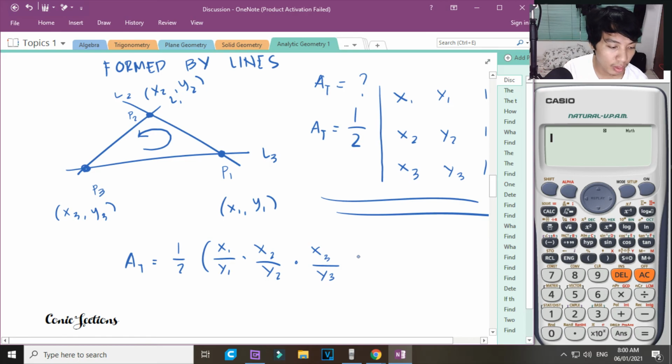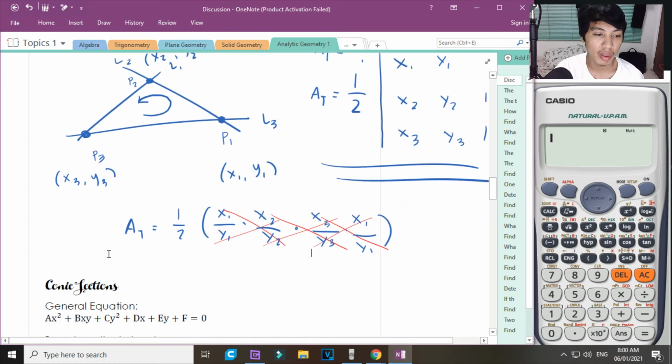Ano yung dulo? Sir, yung x sub 1, and then y sub 1 para umulit. Paano po ang pag-multiply niyan, sir? Ganito po. I-cross multiply mo yung taas. And then minus mo dun sa baba. Basket method. Tama, di ba? This is another formula.